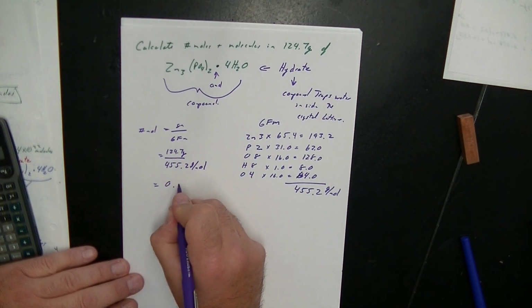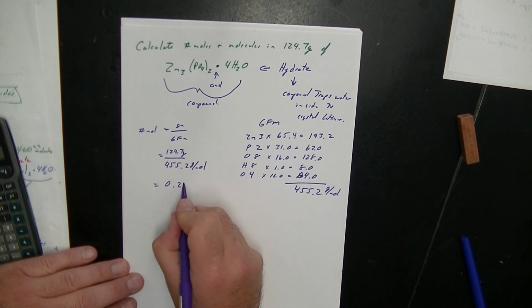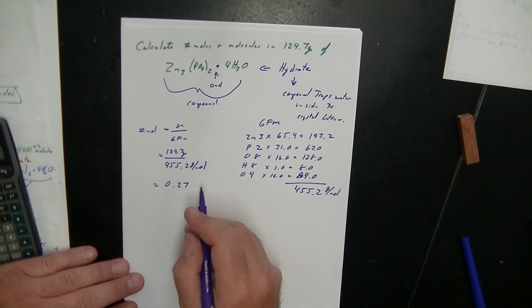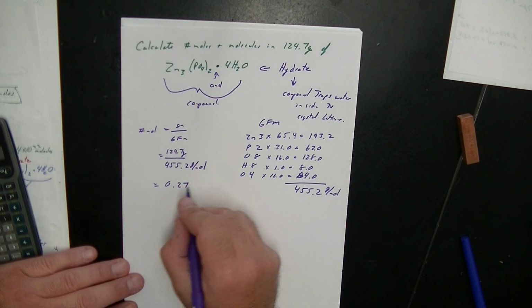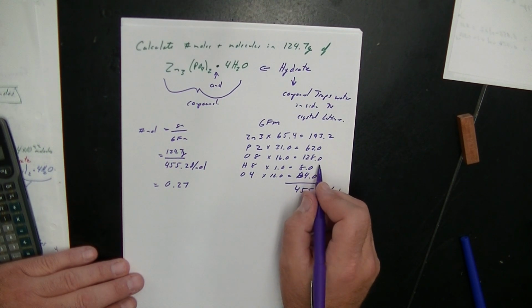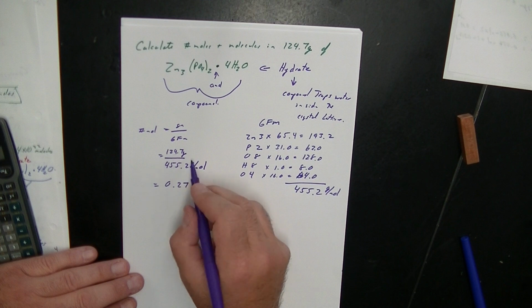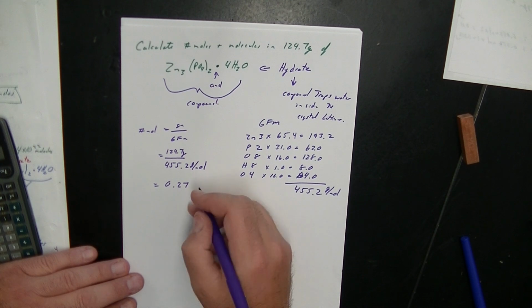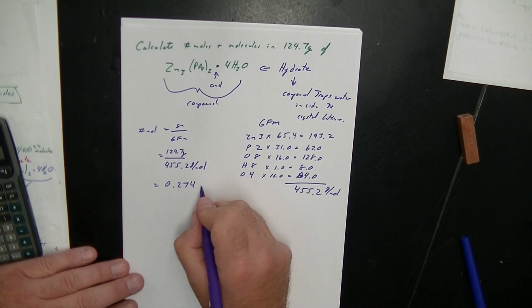We get 0.27, this should probably have 3 sig figs, 0.274 moles.